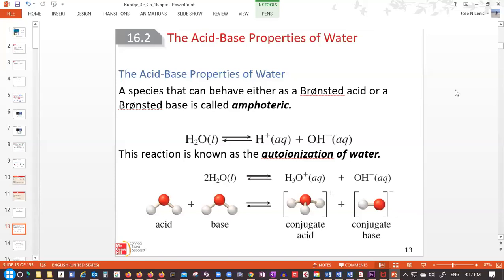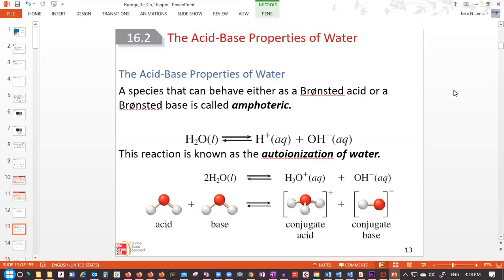Now let's analyze the acid-base properties of water. We mentioned that water has a double behavior as an acid or base, and that property is called amphoteric. As we described before, in pure water, water self-ionizes, and the reaction is called auto-ionization of water.